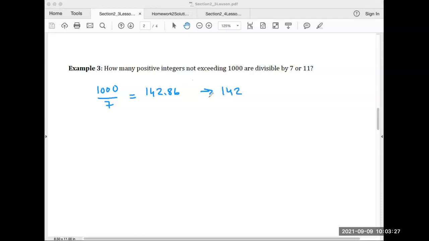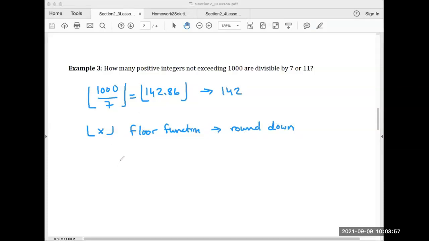So in math, there is a symbol that tells you to round down, and that's called the floor function. The floor function has these half brackets, like this, and this basically means round down. There's also the ceiling function.